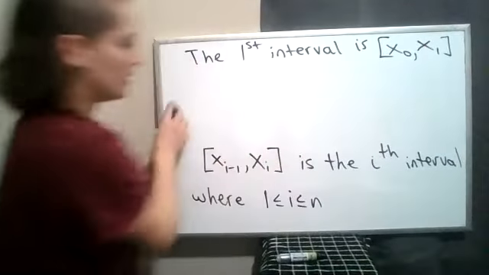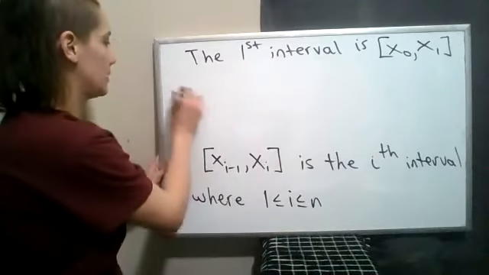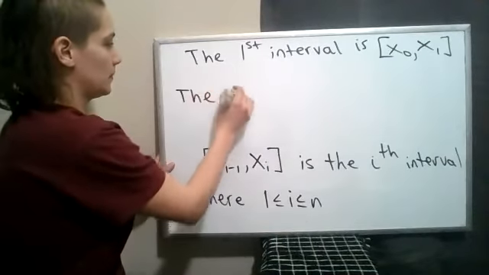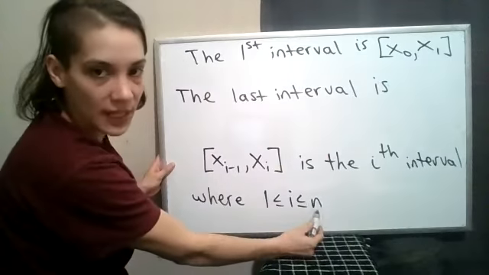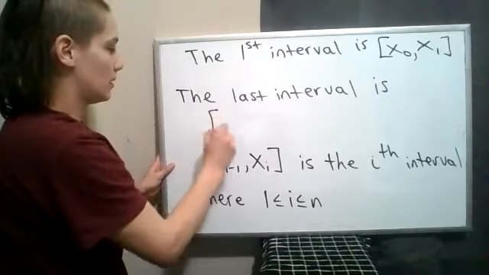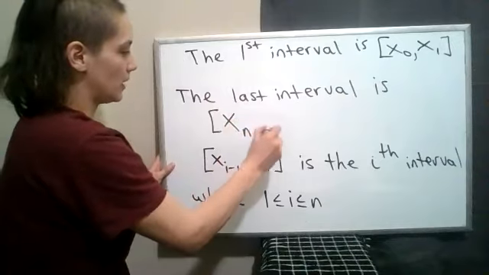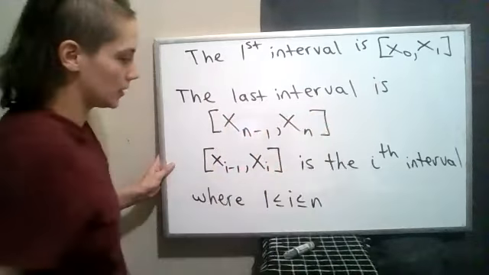And the very last interval would look like this, where you put in the last value, i equals n. x sub n minus 1, go over to x sub n and close.